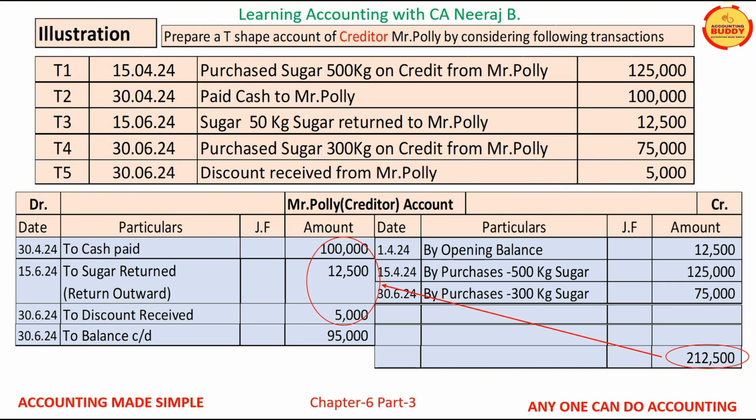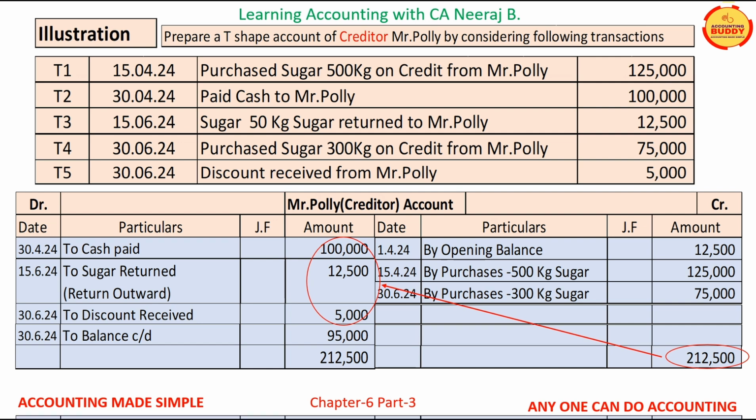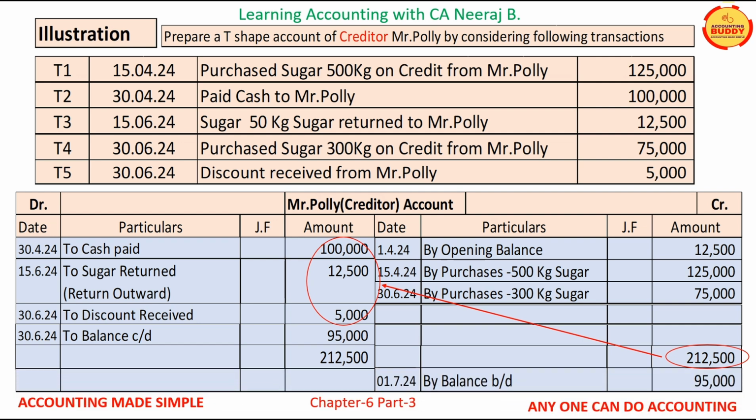The debit side total will also be 212,500 and thus the account will be balanced.